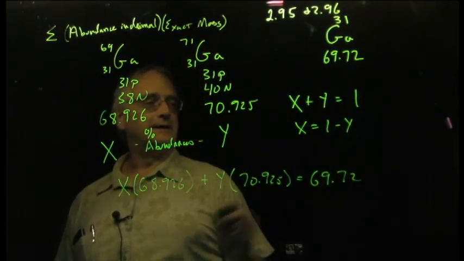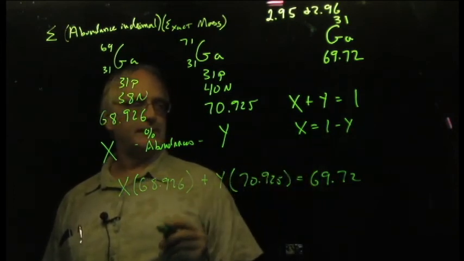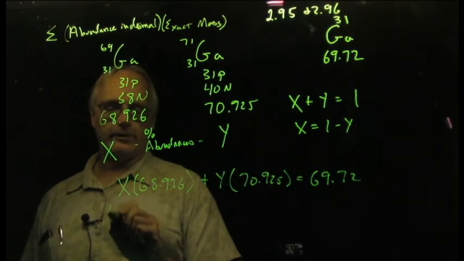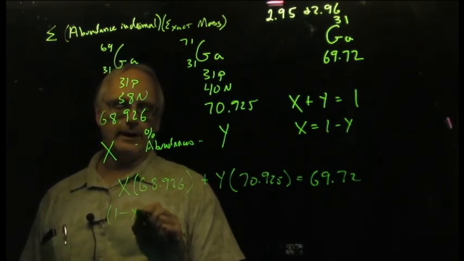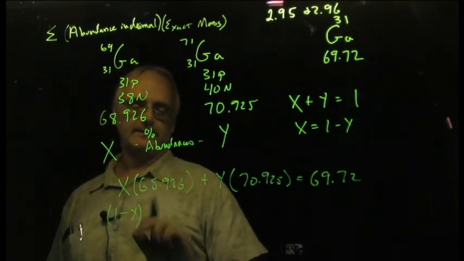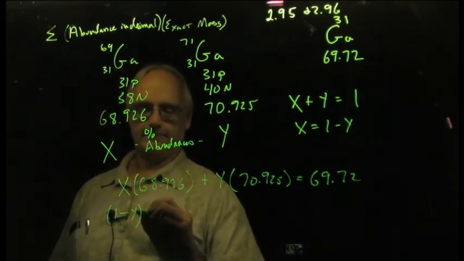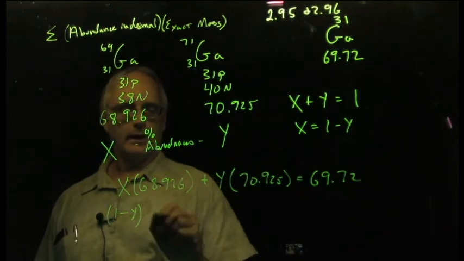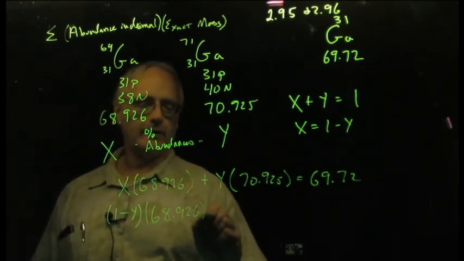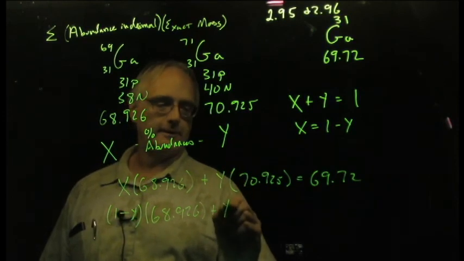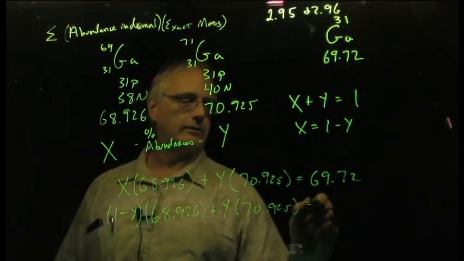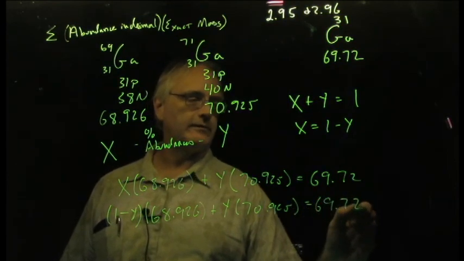And oh my, look at this. I have something for x. If I just took this x and wrote 1 minus y, and make sure that really looks like a y. It's not a very pretty y, but anyway. (1 minus y) times 68.926 plus the original y times 70.925 equals 69.72.